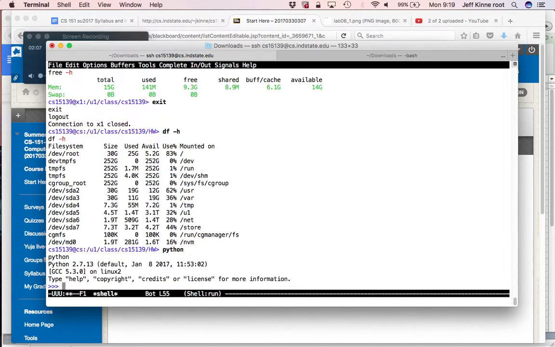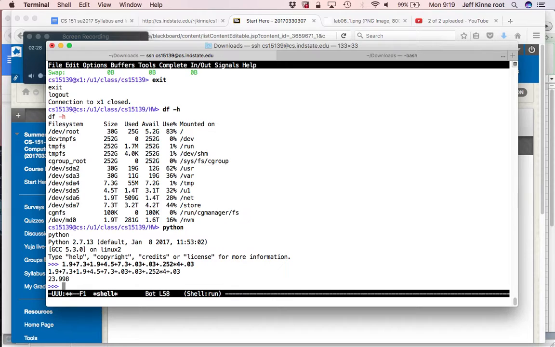So if we add up all of these, let's see, 1.9 terabytes plus 7.3 terabytes plus 1.9 terabytes plus 4.5 terabytes plus 7.3 terabytes plus the ones with gigabytes, 0.03 plus 0.03 plus 0.252 times 4 plus 0.03. So there we got basically 24.